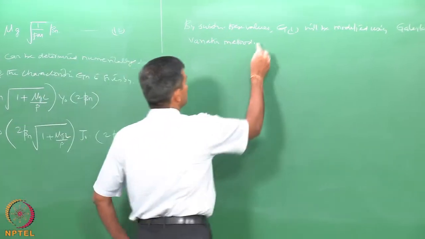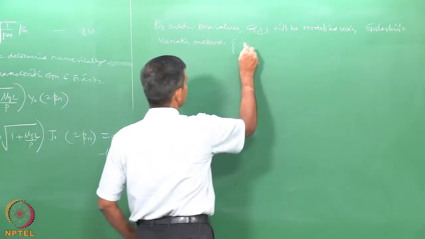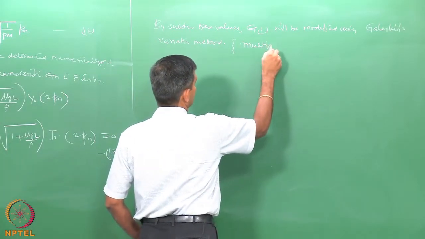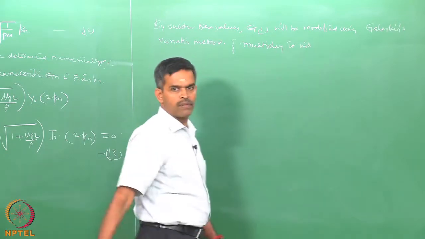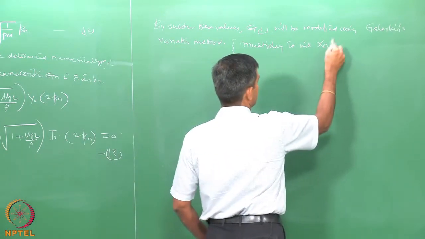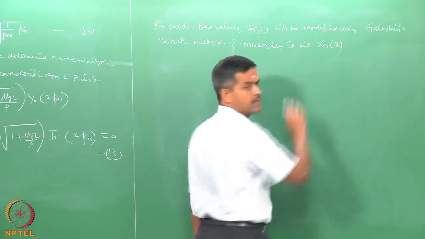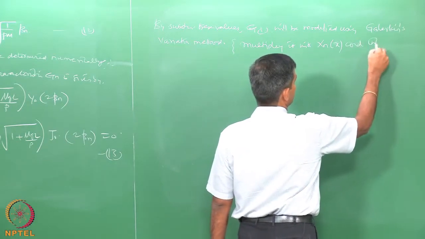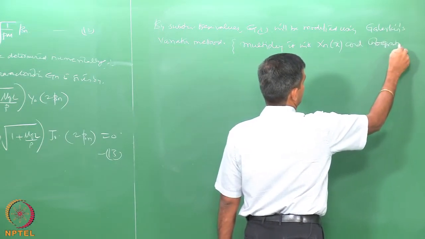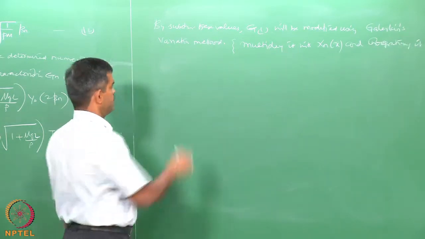So, it is nothing but multiplying it with X_n(x), and then integrating it along the tether length.